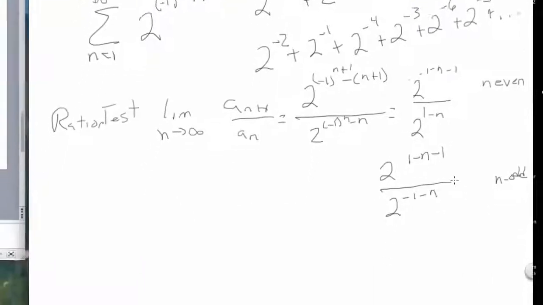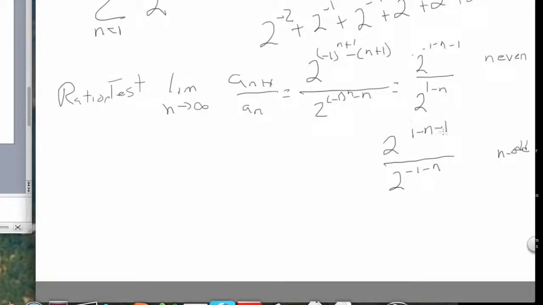Now this one is 2 to the minus n over minus n minus 1, and so that is going to be equal to 2, because I have 1 over 2 to the minus 1 after I cancel out the negative ends. And up here, what am I going to have? Well, I have 2 to the negative 2 minus n over 2 to the 1 minus n. So the 2 to the minus n's will cancel out, and I end up with 1/8.